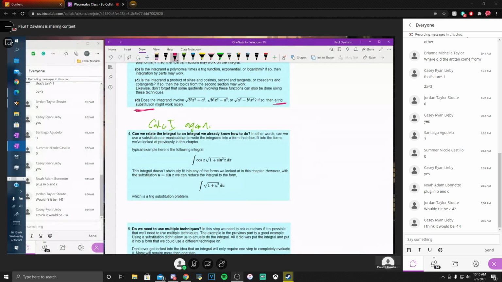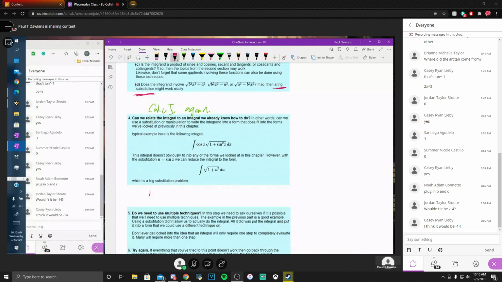Because I can take that stuff under the root, I can write it as 1 plus sine quantity squared, and say to myself, let's try u equals sine of x. Because this stuff underneath now becomes u squared, so 1 plus u squared, and what's du? Du is cosine of x dx. Hey, what do you know? Cosine of x times dx, right there.